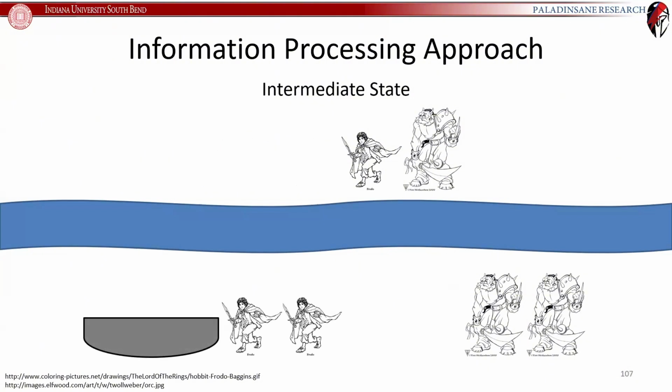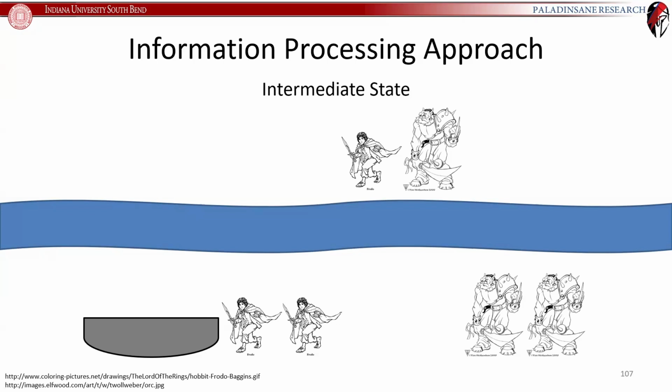And then this is where typically if you're trying to solve this problem, you will get stuck. And the reason is, and we're going to see why in just a moment, at this point you've been doing the 2 across, 1 back, 2 across, 1 back, 2 across, 1 back. At this point, you can't send 1 back, because if you send back a hobbit, then the hobbit on this side of the river is going to be outnumbered. If you send back an orc, then the hobbit on the other side of the river is going to be outnumbered.